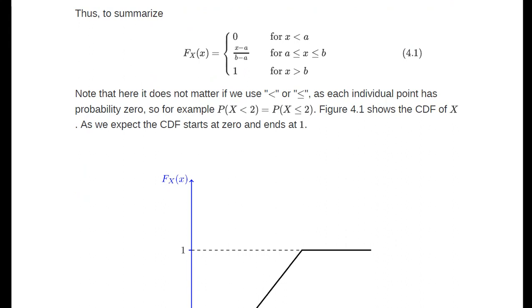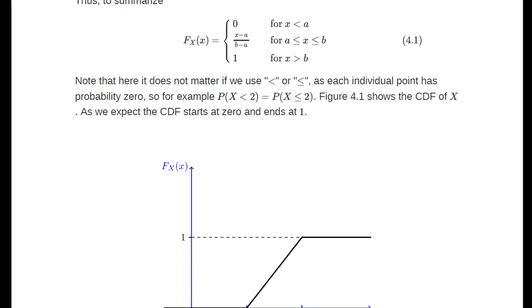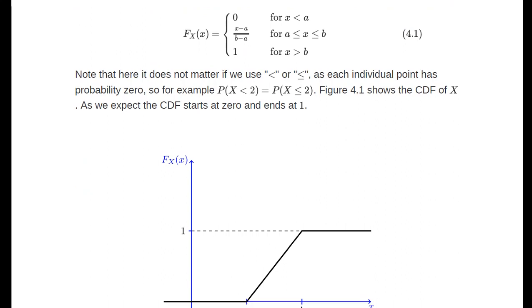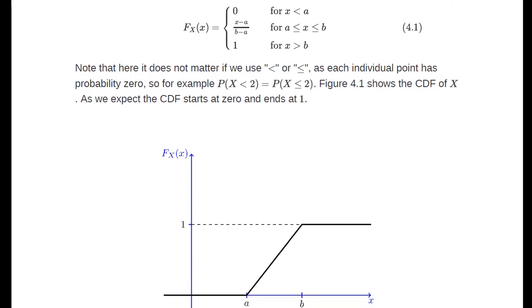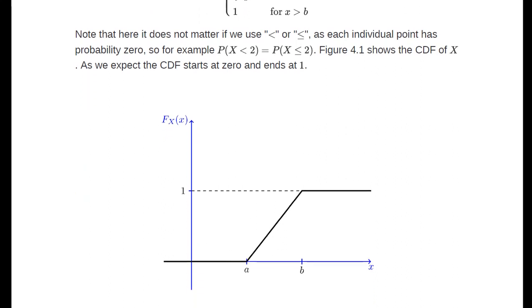Note that here it doesn't matter if we use less than or equal, as each individual point has probability 0, as we know from before. So for example, probability of X less than 2 is equal to probability of X less than or equal to 2. Figure 4.1 shows the CDF of X. As we expect, the CDF starts at 0 and ends at 1.